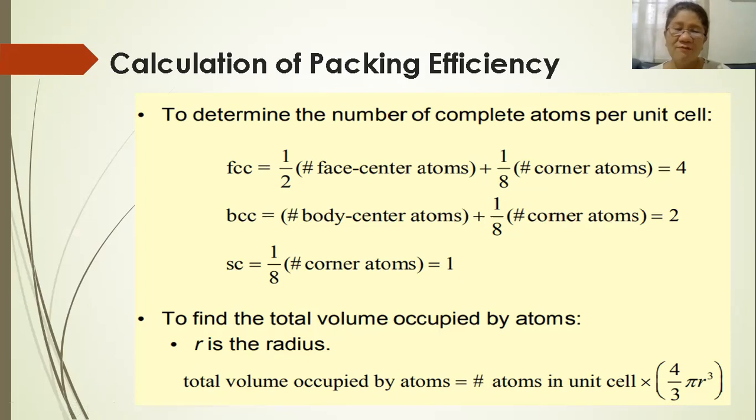So the total volume occupied by atoms is equal to the number of atoms in the unit cell multiplied by 4/3 pi r cubed. What is this 4/3 pi r cubed? Because they are in spherical form. Right? The spherical form has a formula of 4/3 pi r cubed.